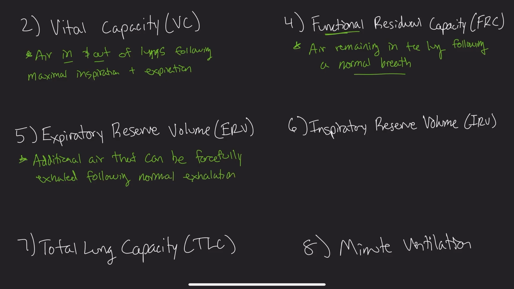Okay, and then inspiratory reserve volume, number 6 here, is the exact same thing, except now we're talking about inspiratory, right? So this is the additional air that can be forcefully inhaled following a normal inspiration, so a normal breath in. If you just breathe in, and then that extra breath you can take in at the end, that is your inspiratory reserve volume.